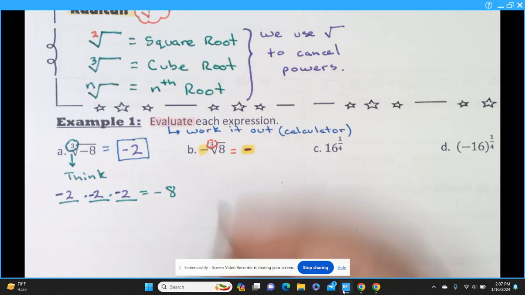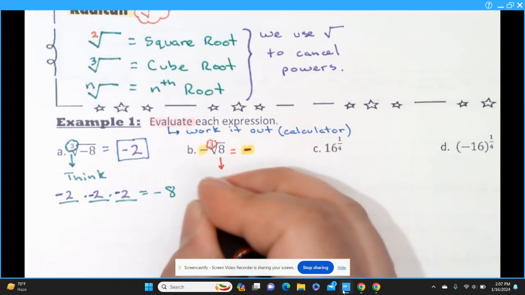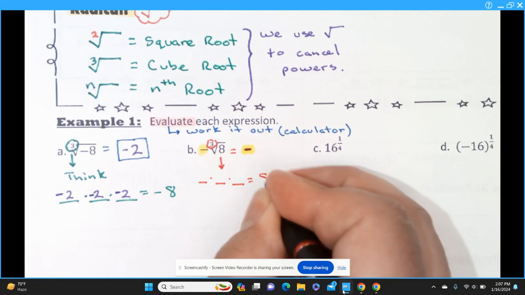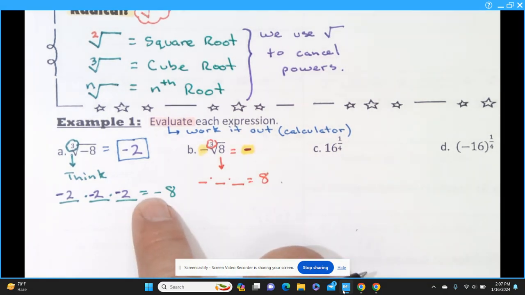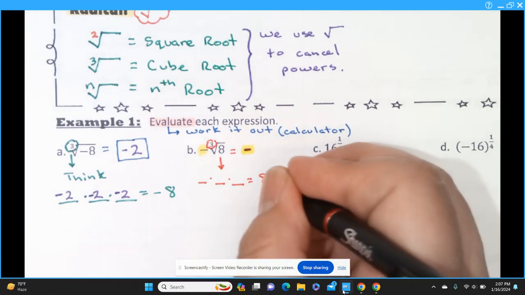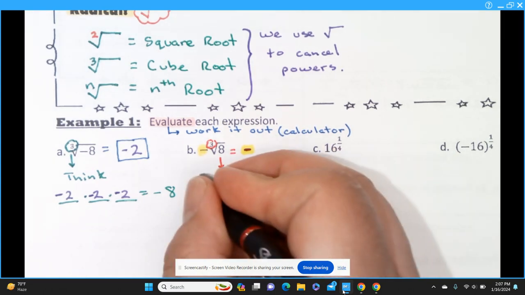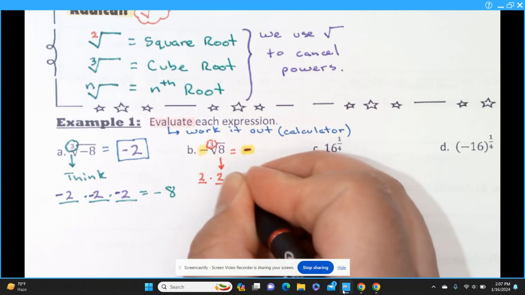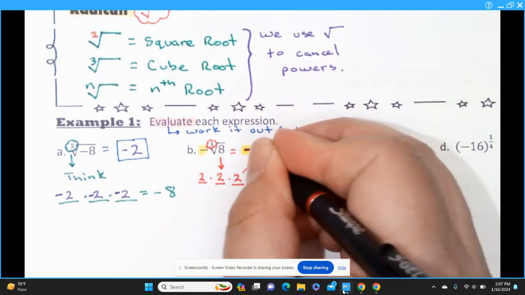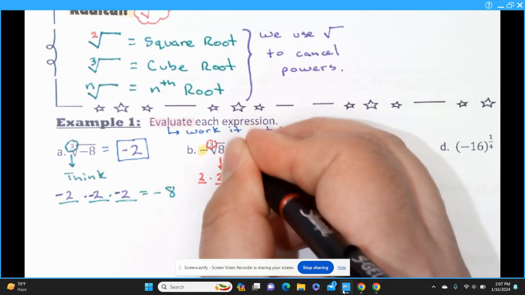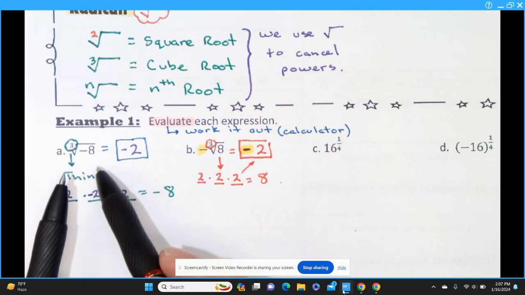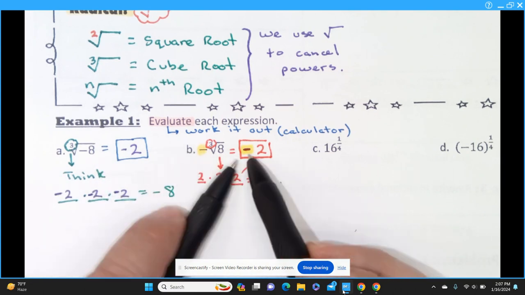So now in reality, I'm asking what number do I multiply 3 times to get an 8? Well, it's the same number from earlier, except this time, I don't need to make it a negative. I'm trying to get a positive 8. Then it's just 2, 2, 2. So then I write the 2 right there. And there's my answer. It ended up being -2 again. Not because the negative was on the inside. That negative was outside, so I just leave it out there.